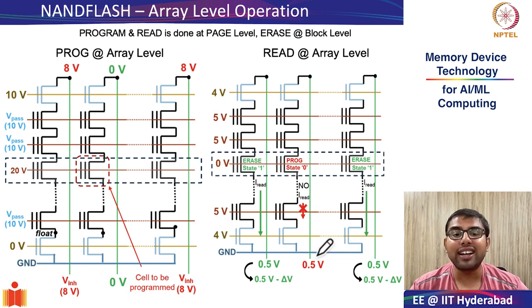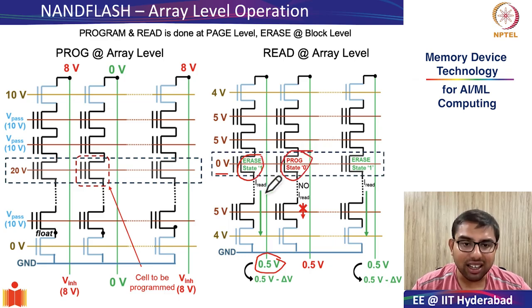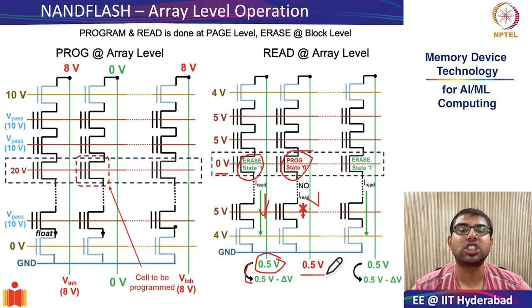How was the read finally done? All the bit lines were pre-charged to a small read voltage, and depending on whether the cells of the page where you have applied the appropriate read voltage are in erase state or in program state, either there was a read current if it is in erase state because the transistor is on, or in program state the transistor is off, so there was no read current, and as a result there was either a discharge in the bit line or no discharge in the bit line.